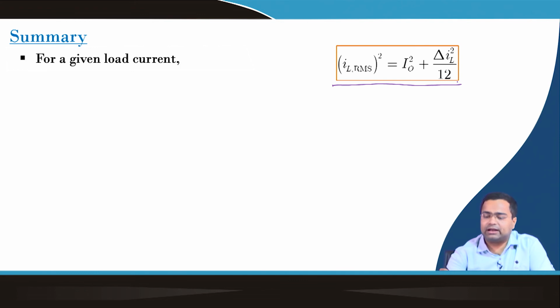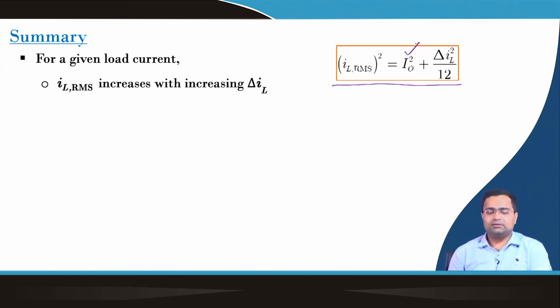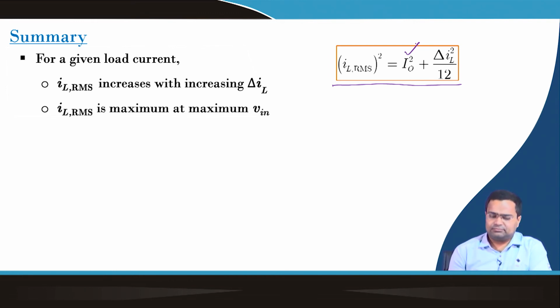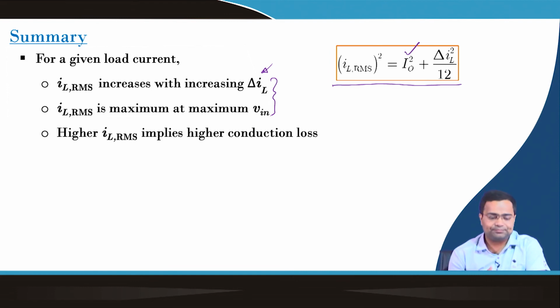For a given load current, that means if this is constant, the RMS inductor current increases with the ripple current, and it is maximum when the ripple current is maximum, and that is at the maximum input voltage that we have discussed. This is particularly important for estimating the conduction loss, because if the RMS current is more, then the conduction loss will be more.